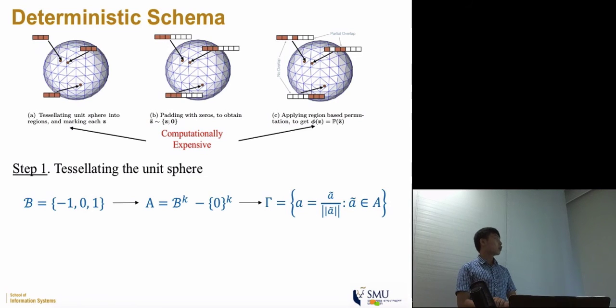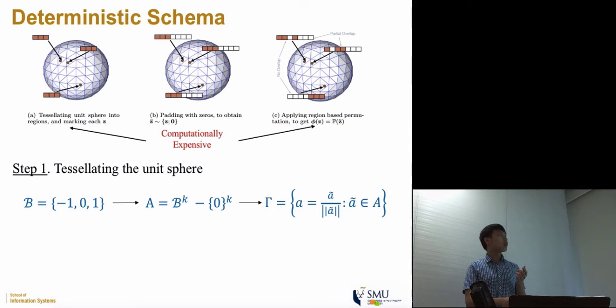So you have 3 elements in the base set, and then you construct all the k-dimensional combinations from the base set to get a set of k-dimensional vectors, and then you normalize them. So now all the points are on the sphere.